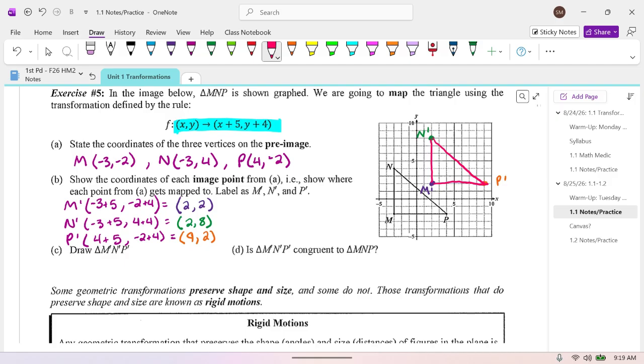All right, we're coming back together in 3, 2, 1. Check your answer. So, any questions on this one? So all you were doing was adding 5 to your x values, adding 4 to your y values.